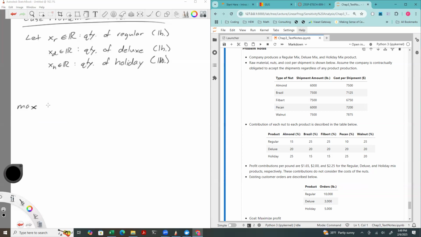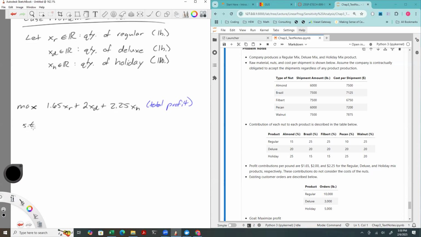So it'd be 1.65 X of R plus 2 X of D plus 2.25 X of H. So again, this basically gives me total profit. So that is a good objective function. Now we write ST as in subject to, and subject to the constraints.